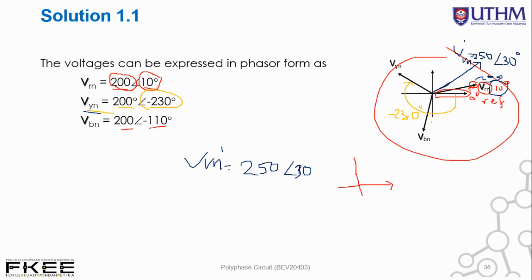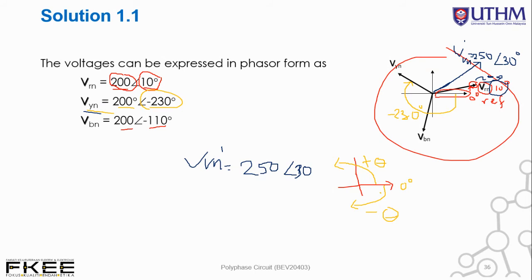Before I forget, the minus and plus, positive and negative, indicate the position of the phasor. From your reference, which is always 0 degree, going upward means positive theta, and going downward means negative theta.